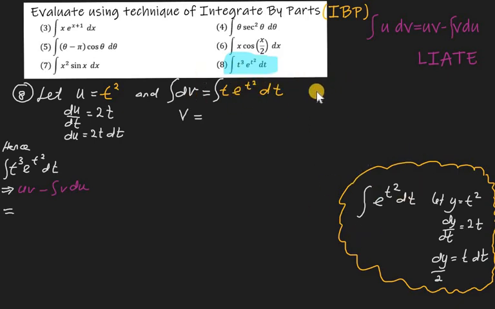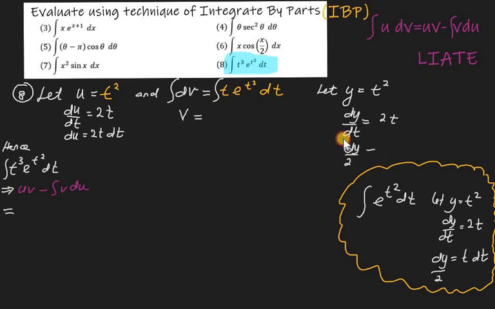Let's do it together again. How to solve this? We're going to use a simple u substitution. Let's say we call it y here. Okay, y is t squared, and change everything in terms of y. So 2t, another way to say t dt.